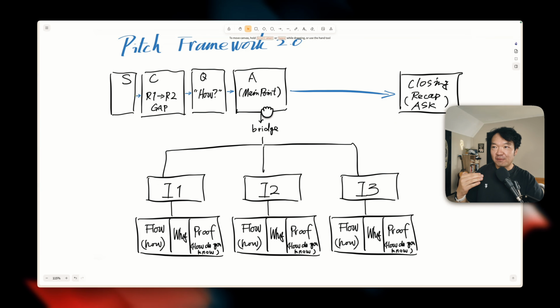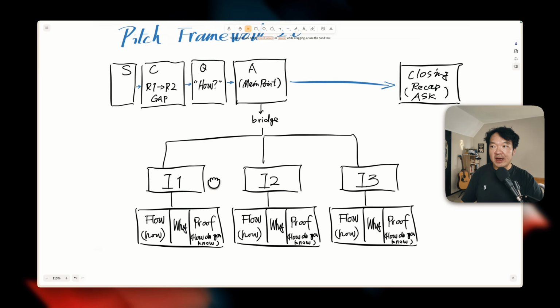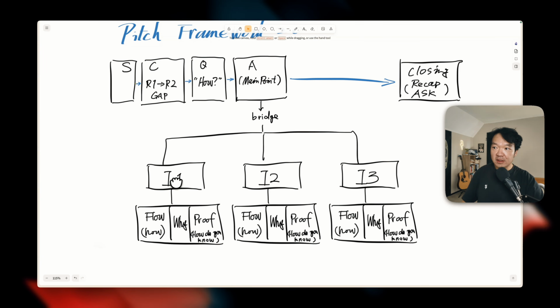And then for answering and supporting your solution, you might have a few ideas. Idea 1, idea 2, and idea 3. So this could be a feature, or a user flow, or some selling points. Those ideas are flexible, but they all support this main point.